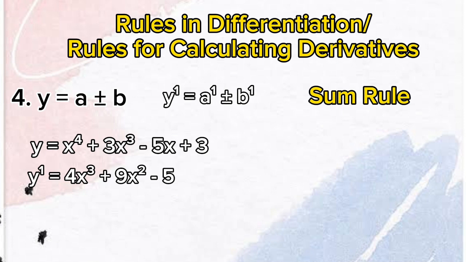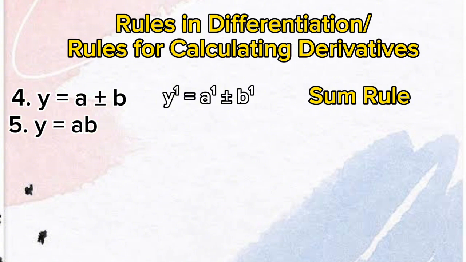That's why we have here 9x squared, minus 5 from the 5x. Same process, and since our 3 is a constant, this will be equivalent to 0. That's the derivative of the function given. So that's how we derive a sum using the sum rule.